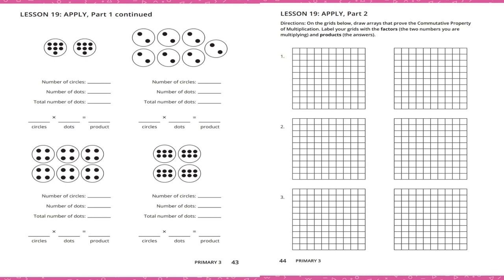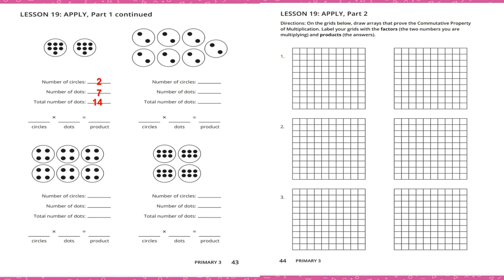Let's complete lesson 19. Here we have 2 groups. Each group has 7 dots. How many circles do we have? 2 circles. Inside each circle we have 7 dots. So for the total number of dots, we multiply circles and dots.